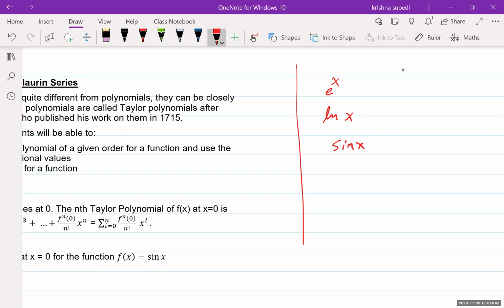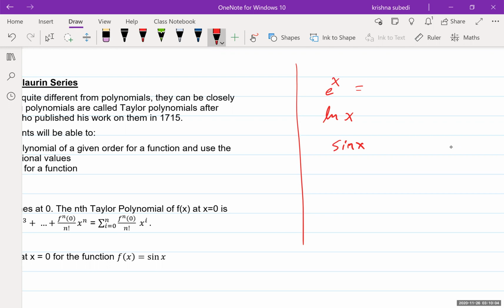Dealing with these functions is a little bit complicated, a little bit difficult, but with the help of Taylor polynomial or Taylor series, we can change exponential function into polynomial.